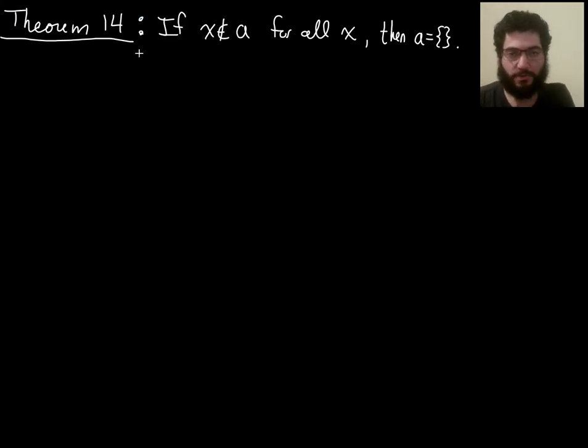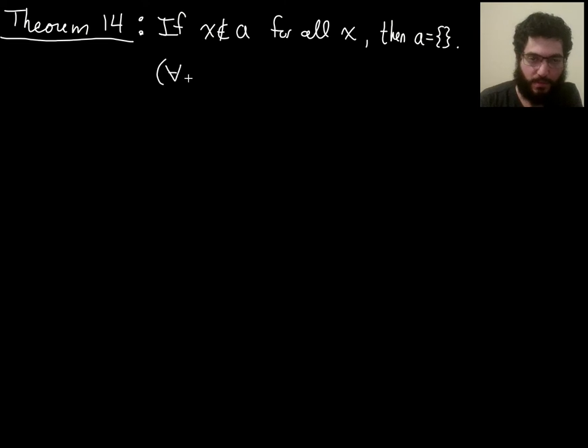So here's Theorem 14. If x is not an A for all x, then A equals the empty set. So here it is symbolically. If for all x, x is not in A, then A equals the empty set.